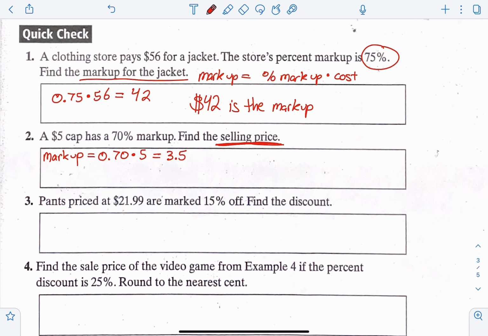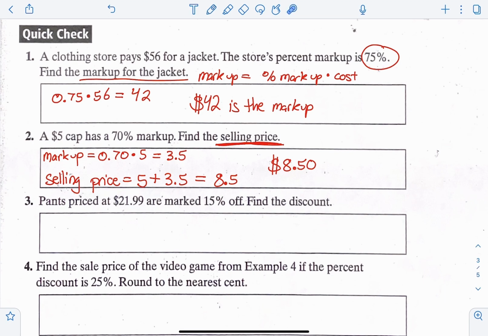That was step 1. Step 2 is finding the selling price. And that's where we take the amount that they paid, which is $5, plus the amount of the markup, which is 3.5, and we add them together, so we get 8.5. That means that the selling price is $8.50.